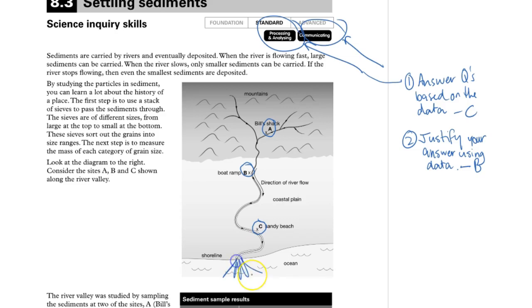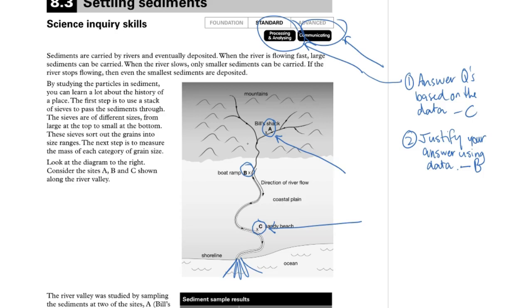And you've been given some data from rock samples taken at point A and point C. Now, as you know, if you've got rocks breaking down up here in the mountains and getting washed down the river, first of all, when they first break down, they're getting quite big, but they can range from quite big to quite small. So you have to remember that. Number two, the size of the rock will depend on how far it's getting carried down the river.